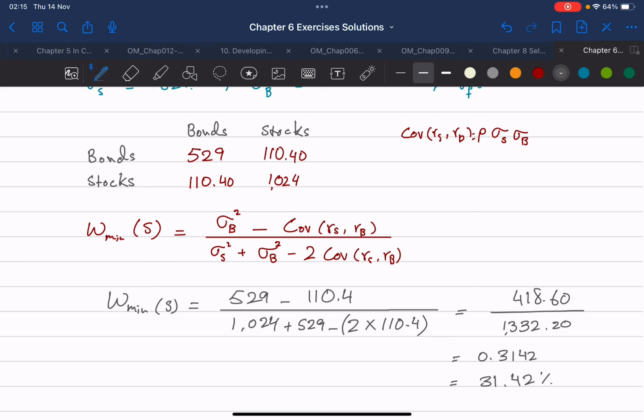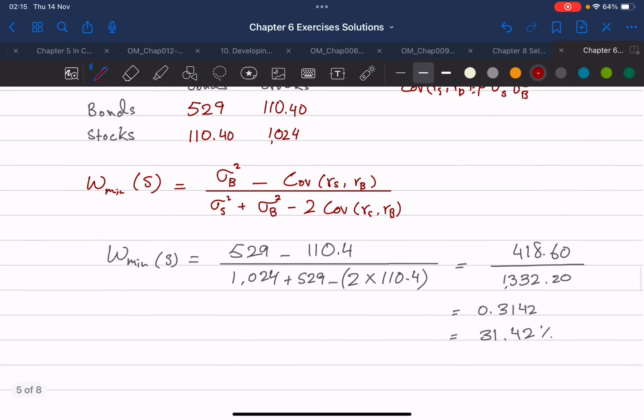Okay, now for the allocation to the bond fund, we're going to follow this simple formula, since we know this already. The allocation to the bond fund is only going to be 1, which represents the 100%, minus the answer in the previous step.